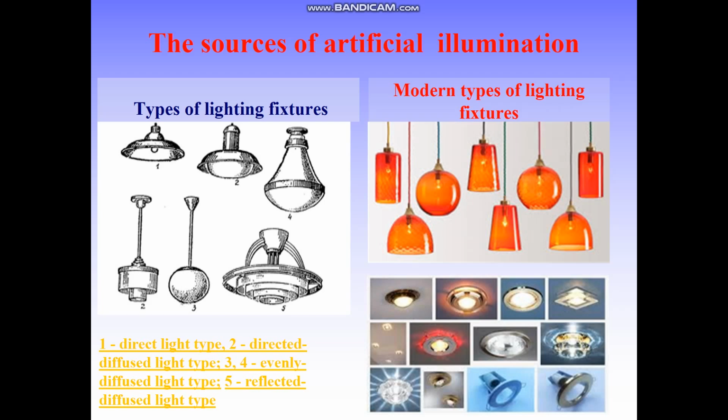The lamps of scattered light are more widespread. They meet the hygienic and economic requirements. They provide protection of eyes from bright light and quite uniform distribution in all directions. Such lamps are those included in a bowl of matte glass and other reflected types. They are widely applied at school.